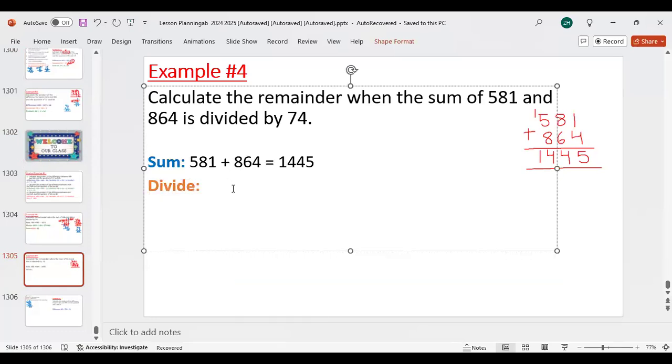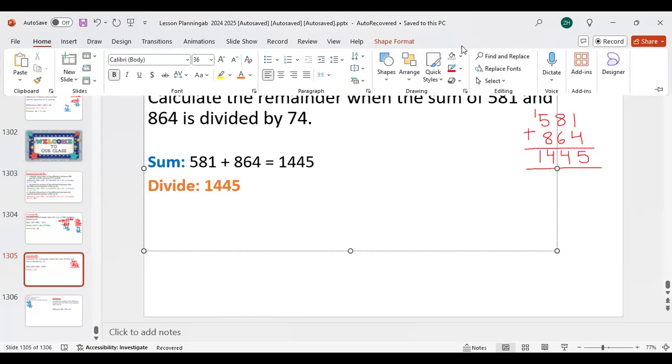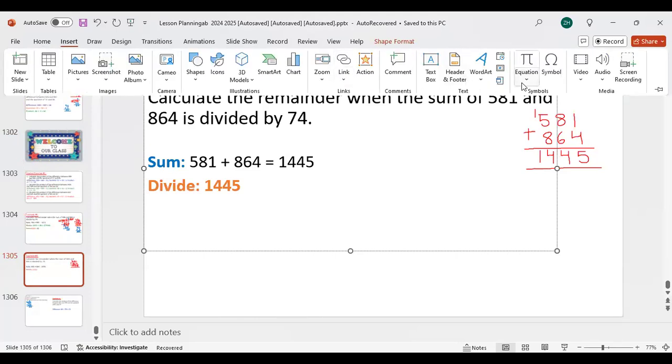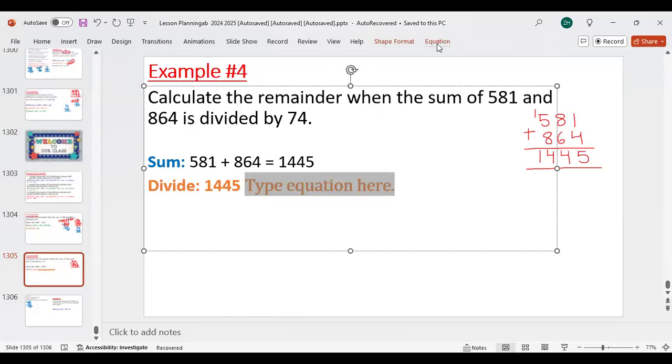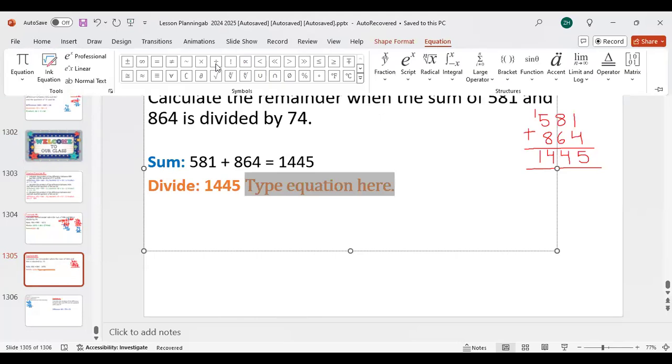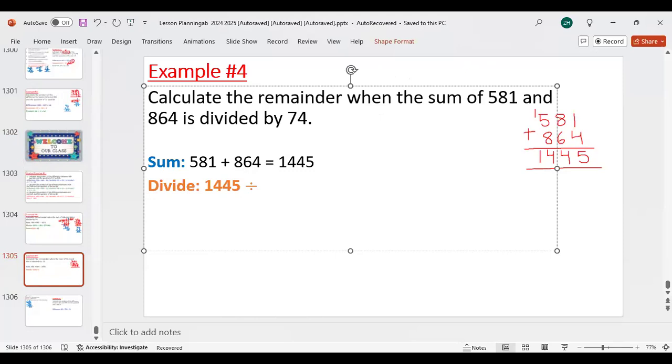So we have to divide 1,445 by what? 74. Let's go ahead and divide them.